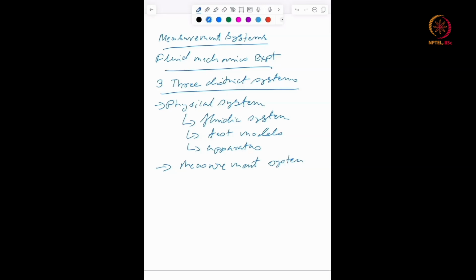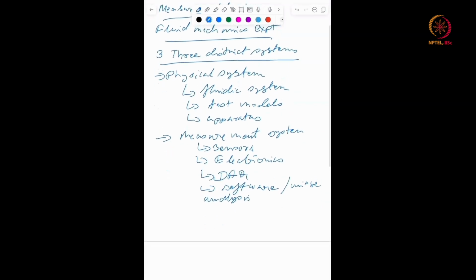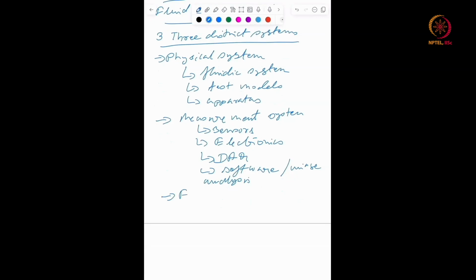This measurement system basically consists of your sensors, your electronics, whatever the sensors may be, your data acquisition or DAQ, as we call it, the processing devices and software, image analysis, if you have, etc. And of course, then you have the experimenter, which may be the person whose job is to interpret the data and also execute the measurements.